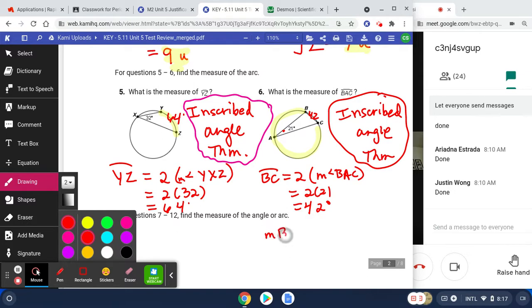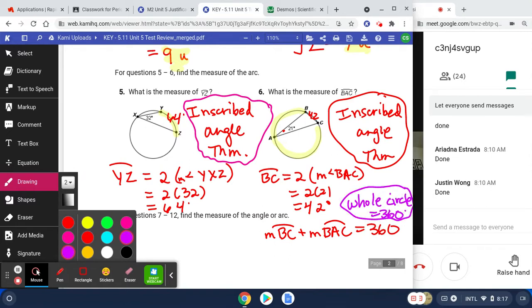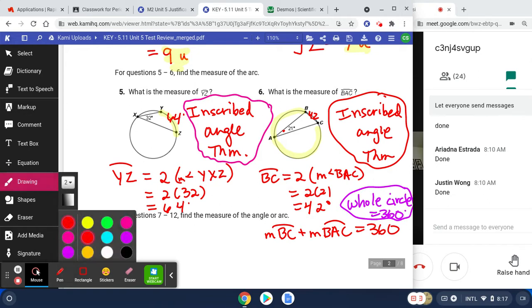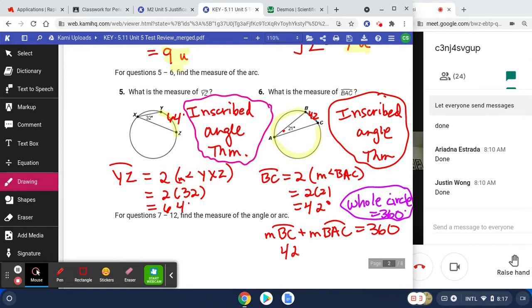So we know that the measure of BC and the measure of that major arc add up to 360, because whole circle equals 360. So now I can go plug in that this is a 42 plus our unknown.